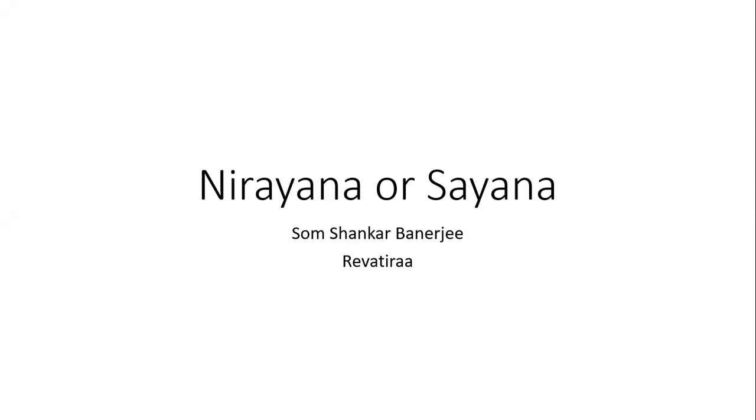Lahiri was a gentleman who worked out this mathematics, and based on his ephemeris the entire Nirayana system of Indian Jyotish is normally seen. But there are other systems as well, like the Raman system, KP system, Yukteswar system, and many more. However, there is one more system called the Sayana system, which is a Western system.